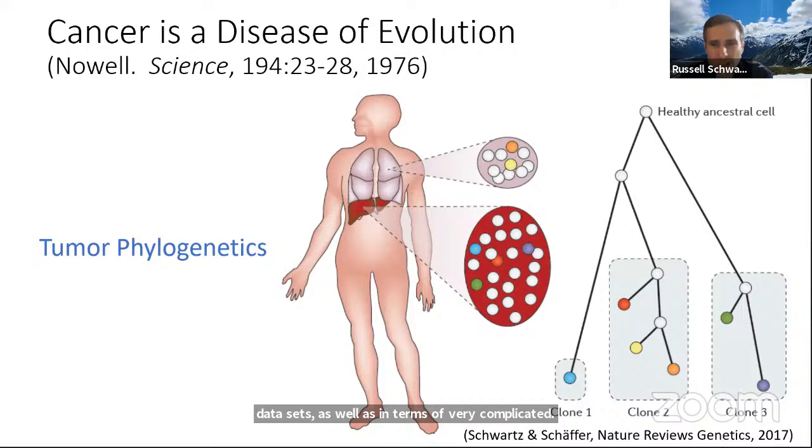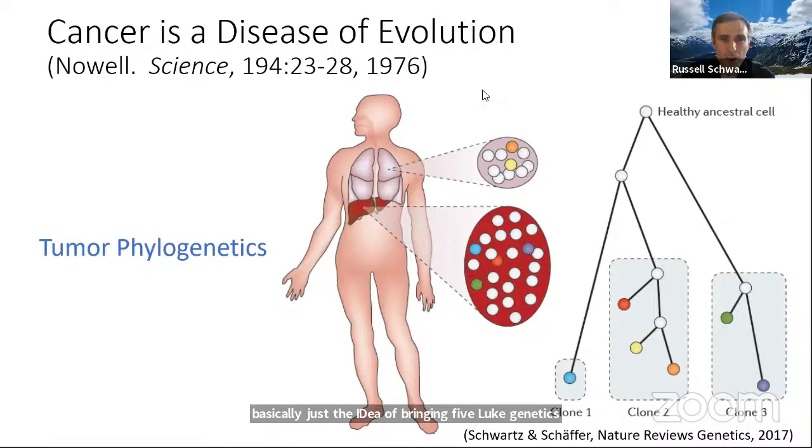And evolution became a window through which we could make sense of a lot of this complexity and extract some meaningful information from tumor genomic data sets that are so hard to interpret because of all of this complexity. One of the key ways that happened was through the development of the field of tumor phylogenetics, which is basically just the idea of bringing phylogenetics, or evolutionary tree inference, to cancers.